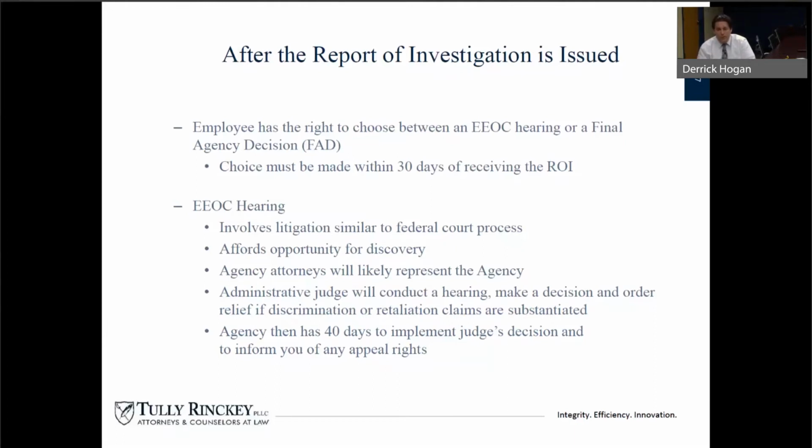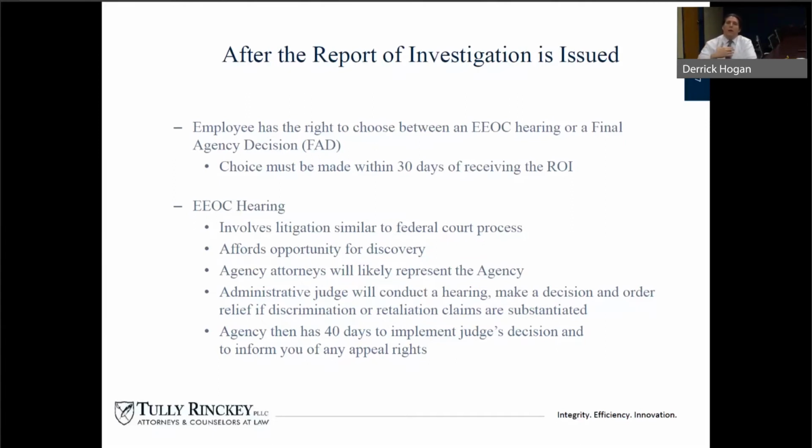Now, I caution people regarding final agency decisions, because the way I look at it, and other people might have a different opinion, is that if you elect a final agency decision, you are essentially asking an agency official to determine that another agency employee discriminated against you.